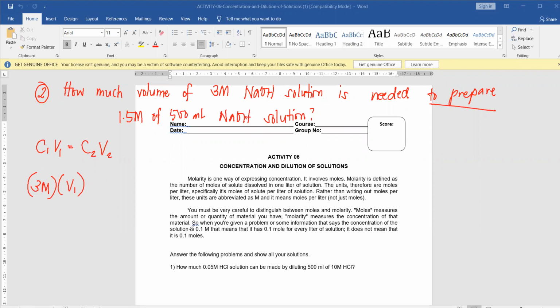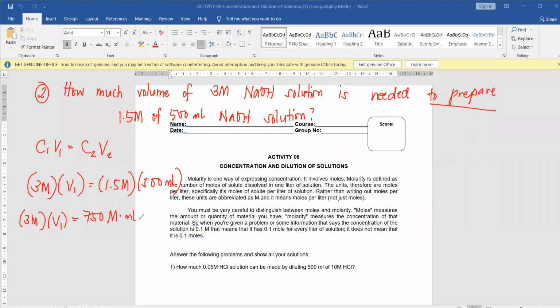So ilang volume yung kailangan natin from the original 3M or 3 molar sodium hydroxide solution para magawa natin yung 1.5 molar ng 500 ml NaOH solution. So that's how you determine, class.